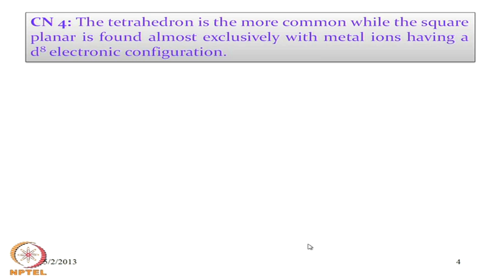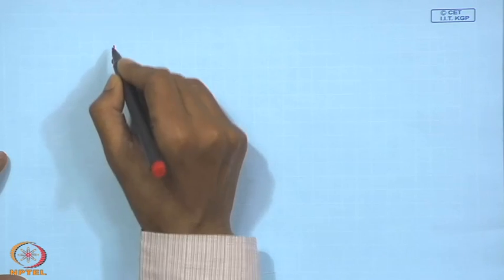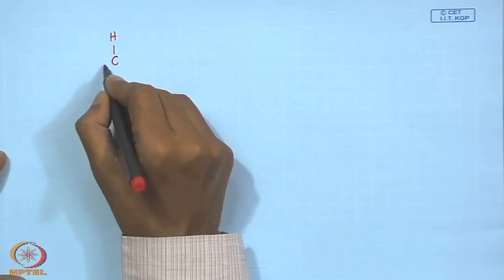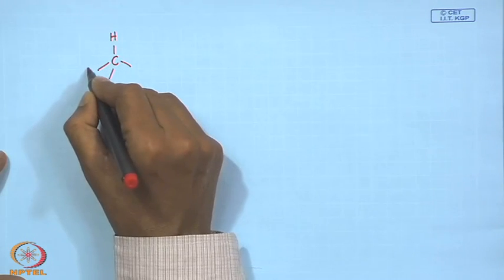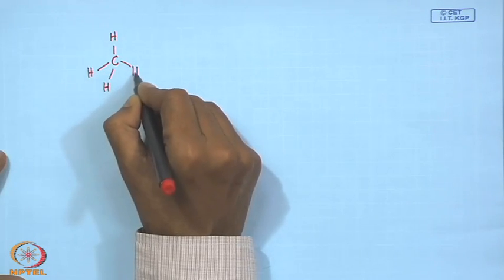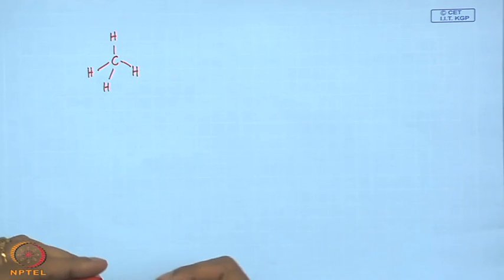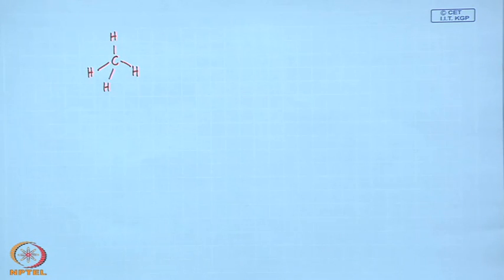Then we just move on to a typical coordination number which is very much available to us, the coordination number of 4. Once we have a coordination number of 4, we have in our mind the simple compound we study from our school days, the methane molecule, which has a coordination number of 4.